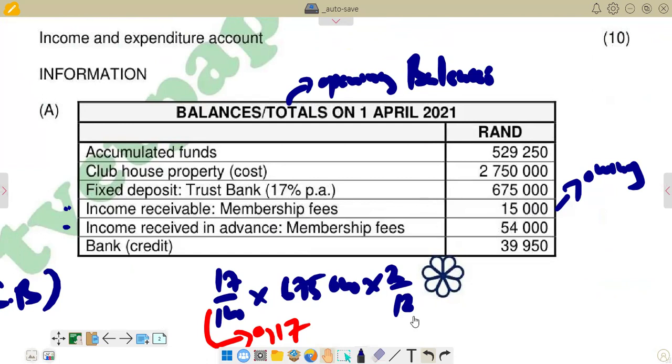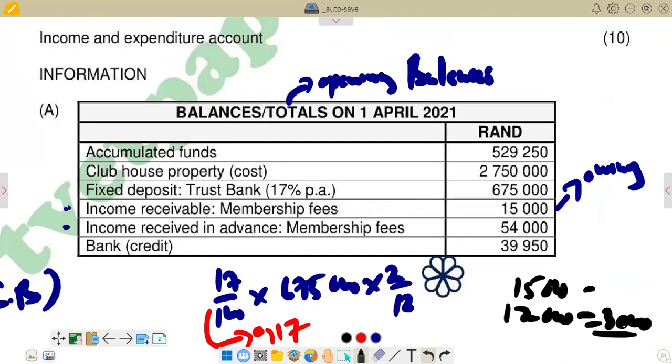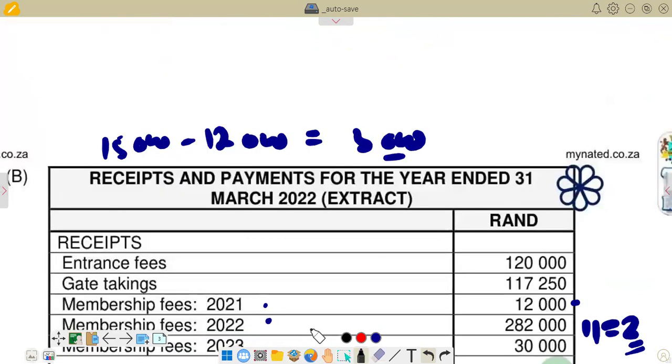So this 3,000 is the one that is being said must be written off. We are supposed to take it as a credit loss.